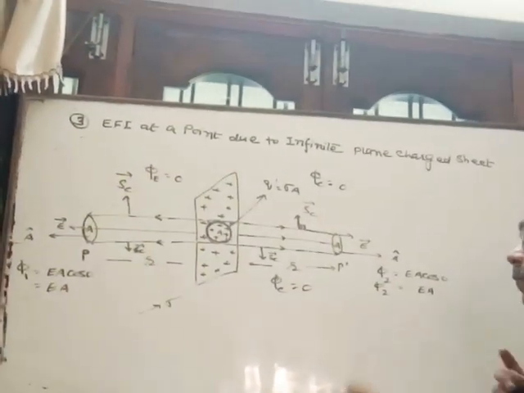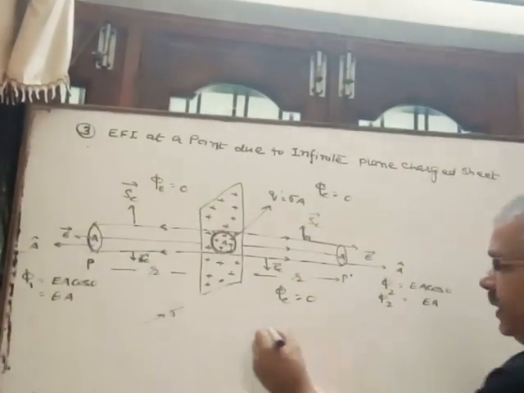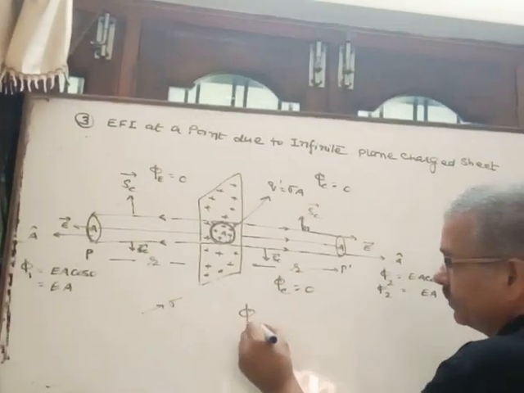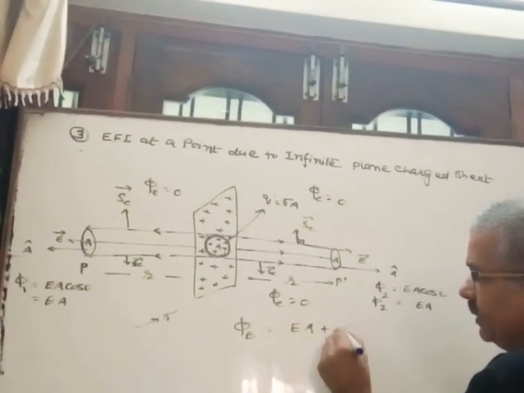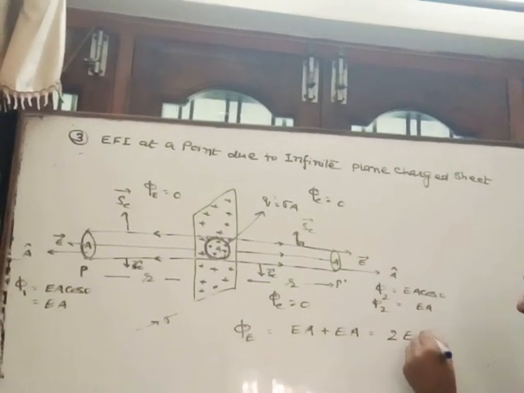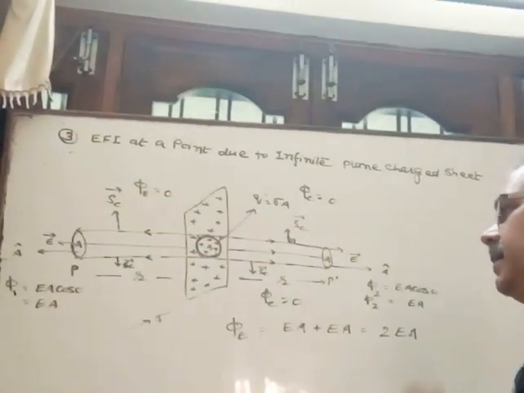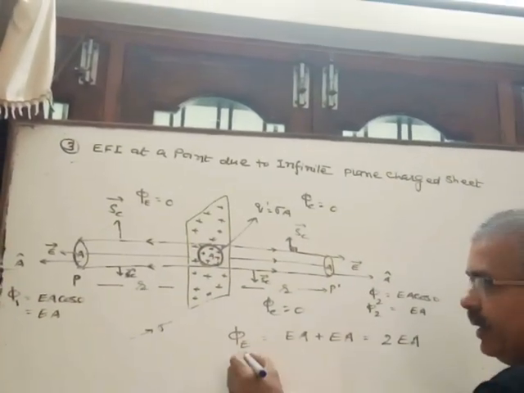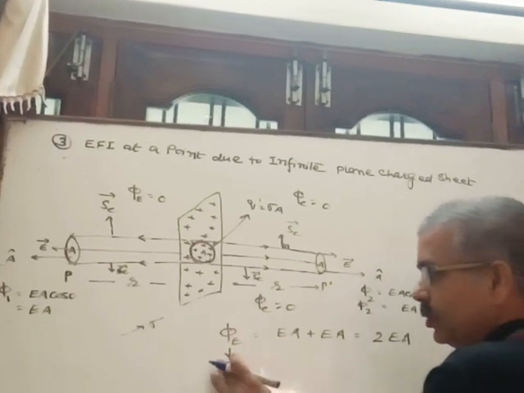So what is the total flux linked with the whole cylindrical Gaussian surface? It is phi E equal to E A plus E A, that is 2 E A. This is the total flux linked with the whole cylindrical Gaussian surface. And by Gauss theorem, as we know, phi E is equal to Q by epsilon 0.